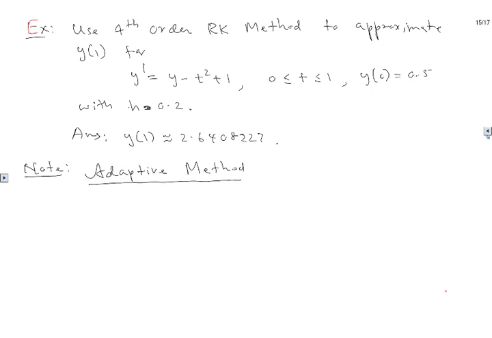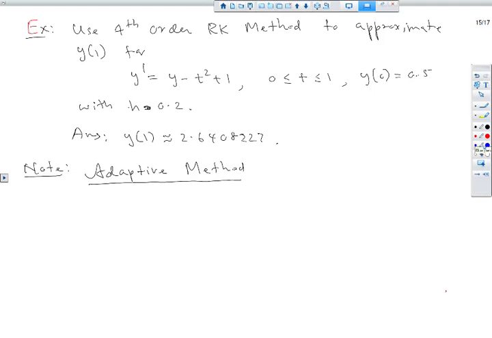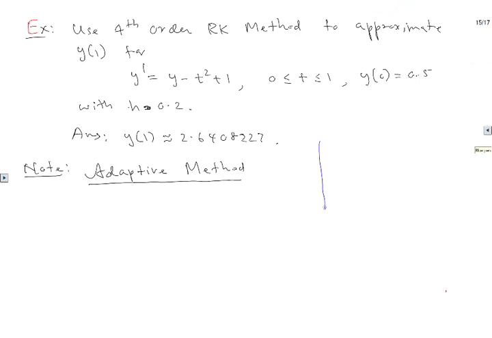For example, let's look at this graph. Let's say you have a graph like that. You can see that in certain places the curve is almost linear.